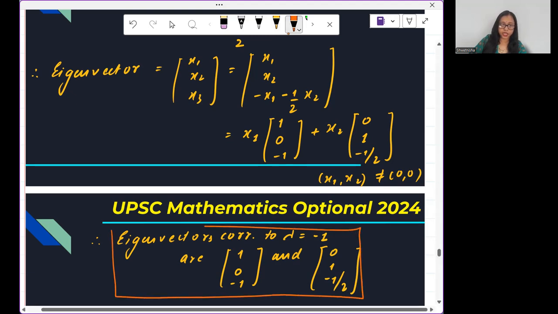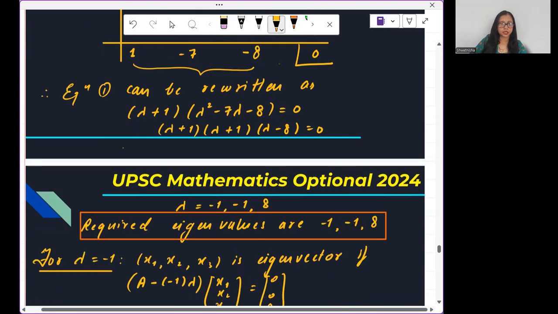Next, we have to find the eigenvector corresponding to lambda equals 8.